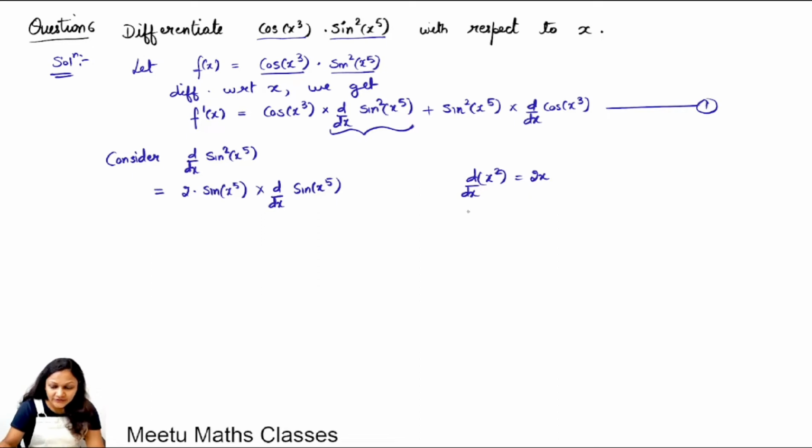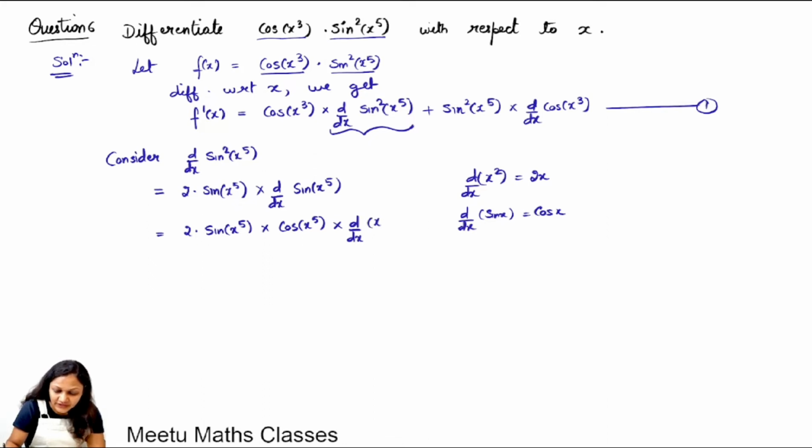Now the derivative of sin x is cos x. So we can consider x⁵ as x, and our derivative of sin x⁵ is cos x⁵, and in turn we are going to take the derivative of x⁵, and the derivative of x⁵ is 5 into x⁴.